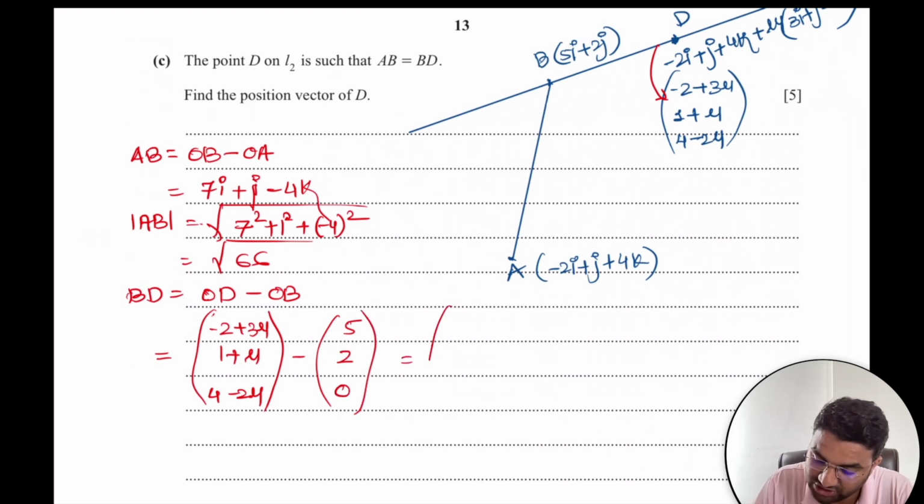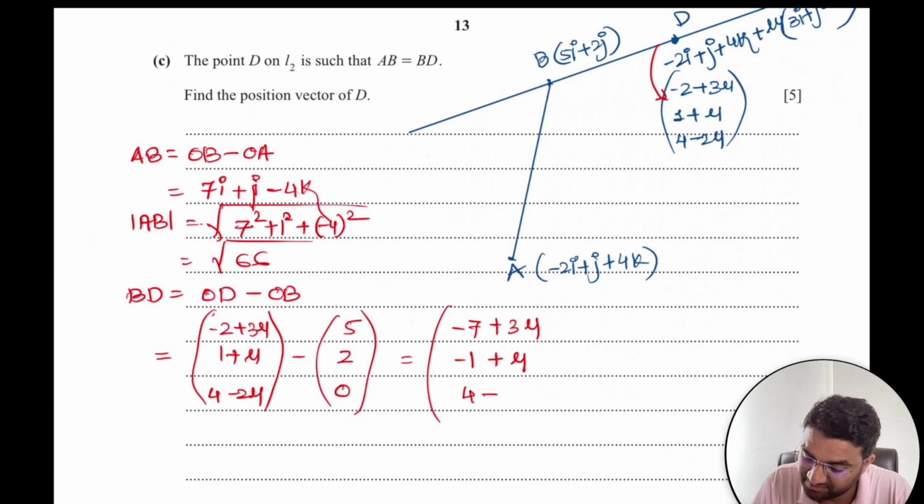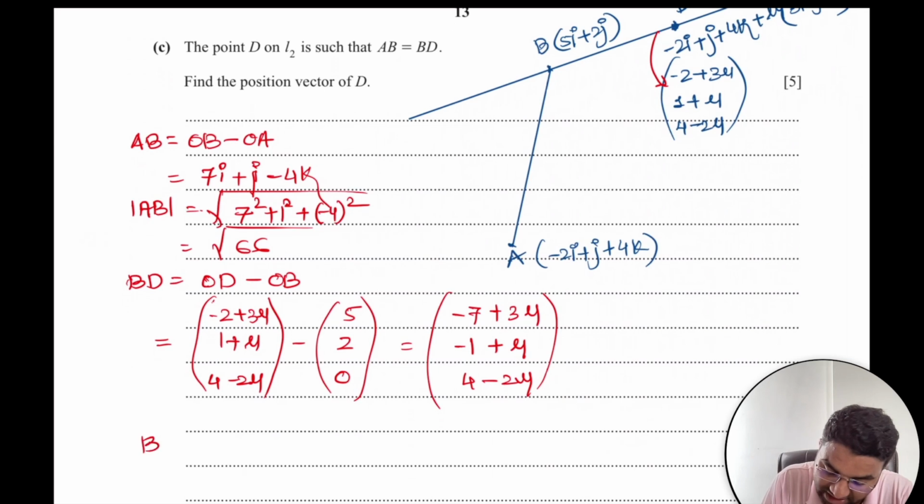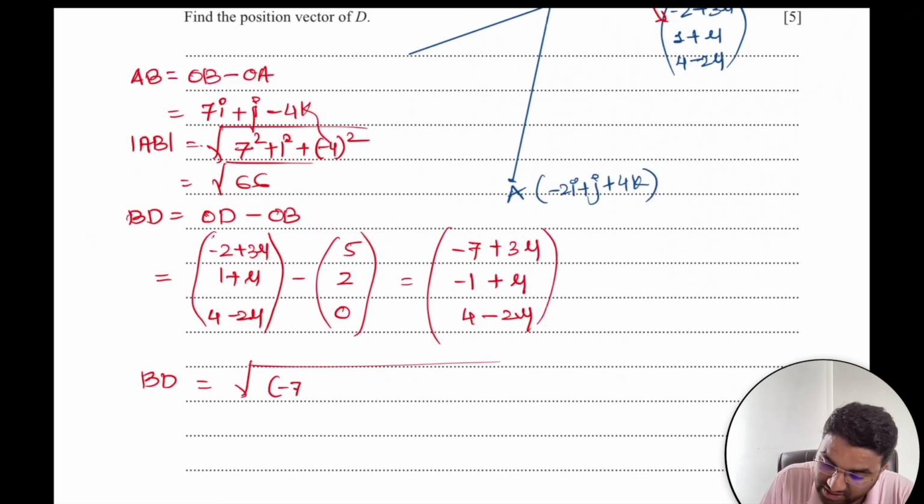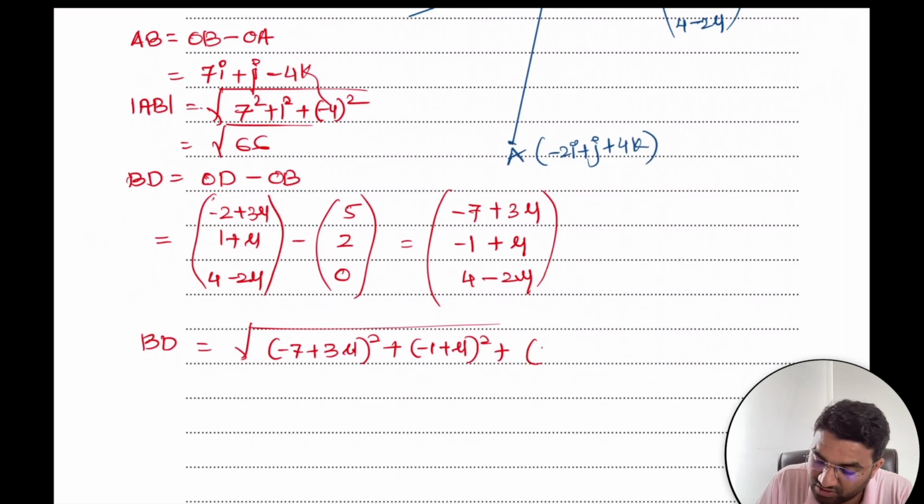So we will get negative 7 plus 3 mu, then 1 minus 2, that will be negative 1 plus mu, and the third one will be 4 minus 2 mu. And you have to take the modulus of BD as well. So it will be square root of negative 7 plus 3 mu squared plus negative 1 plus mu squared plus 4 minus 2 mu squared.